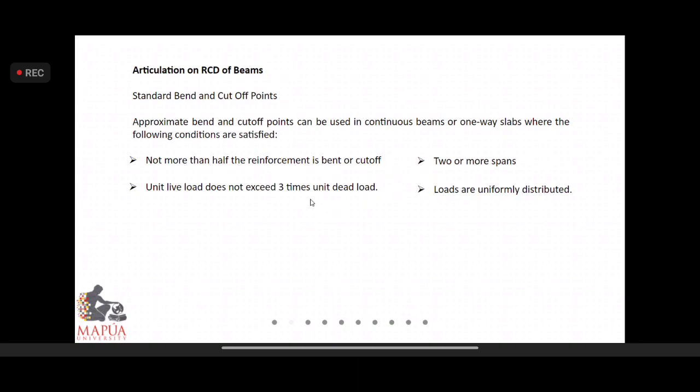Paano ba to? Ito kasi hindi na masyadong tinitingnan yung sa live load, pero ang mahalaga kung uniformly distributed, well, call na ng designer yan kung gusto niya naka-bent up. Kasi pag binent up mo nga naman, somehow nako-compromise yung distance na L over 3 or L over 4 if you are dealing with interior or exterior support.